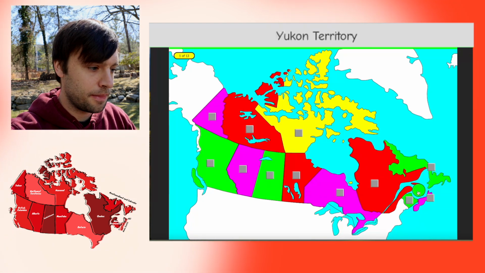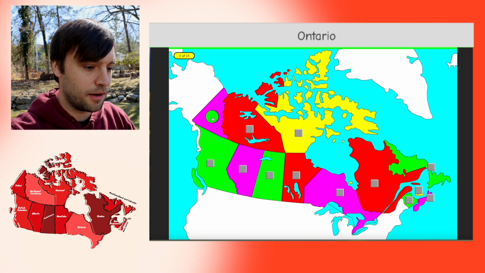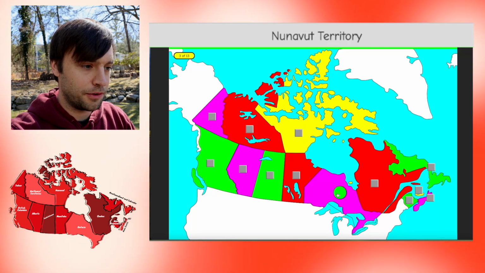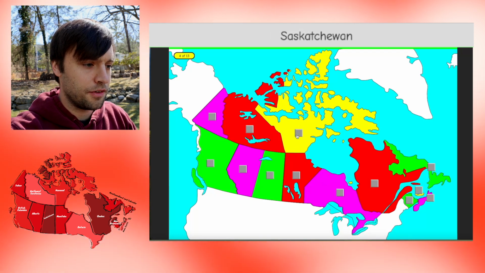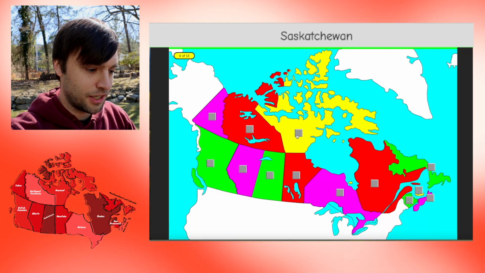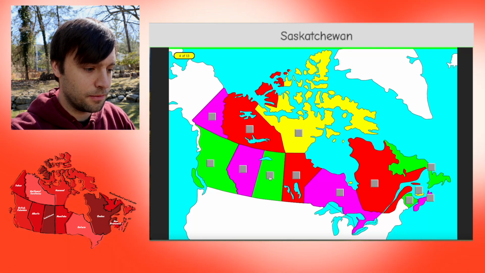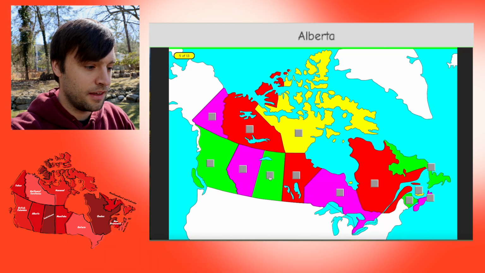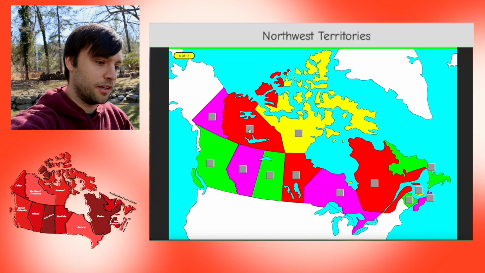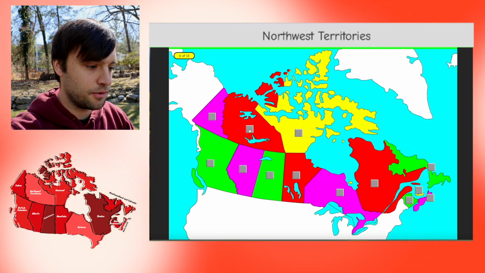Prince Edward Island, Yukon Territory by Alaska, Ontario by the Great Lakes, Nunavut Territory, all of these kind of islands up top. We have Saskatchewan, which I believe is right here next to Manitoba, in between Manitoba and Alberta. And Alberta is here. The Northwest Territories are between Yukon and Nunavut Territory.